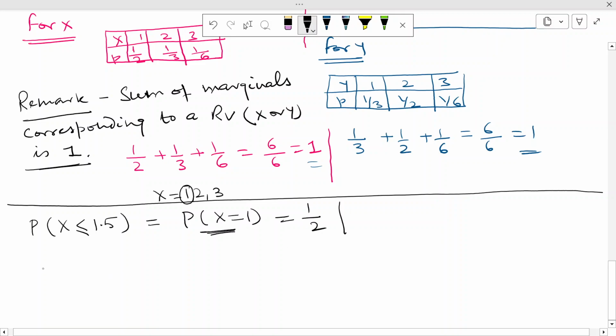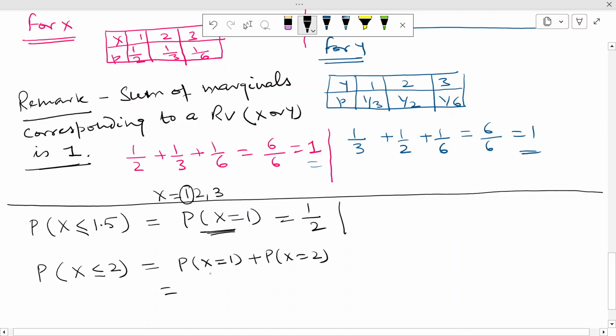Now suppose we have another possibility, where we are looking for this type of probability. Again look at the values of x. Here, due to this equality, we can take two values, which are x equal to 1 and x equal to 2.